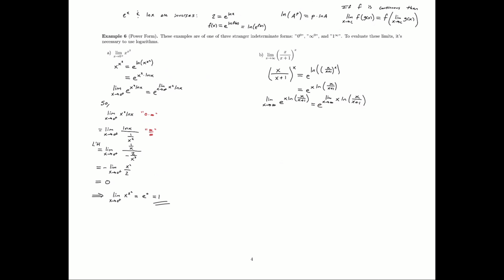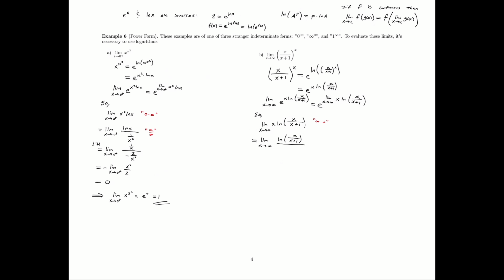So, proceeding, we have the limit as x goes to infinity of x ln x over x plus 1. This would be of indeterminate form infinity times something. Natural log is continuous, so if we take the limit inside here, the limit of x over x plus 1 as x goes to infinity is 1, and the natural log of 1 is 0, so this is infinity times 0, which again, we can't use L'Hopital's rule on directly, but it is a clue to us that if we rewrite this, we should be able to use L'Hopital's rule.